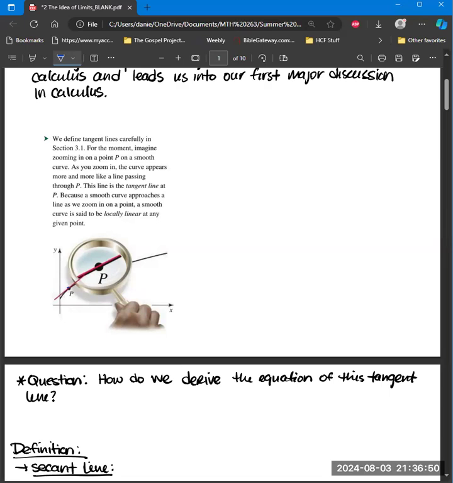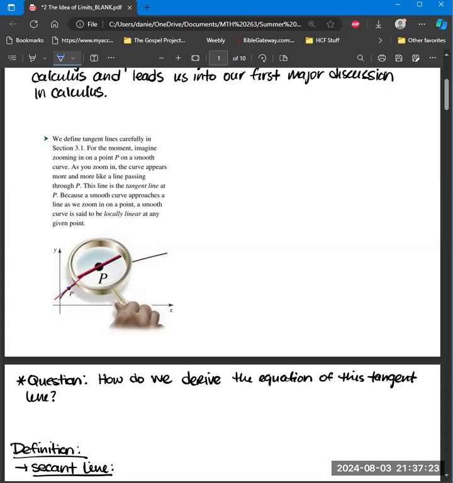As you zoom in, the curve appears more and more like a line passing through P. This line is the tangent line at P because a smooth curve approaches a line as we zoom in on one point. We'll talk about this later when we talk about something called linearization. A smooth curve is said to be locally linear at any given point.